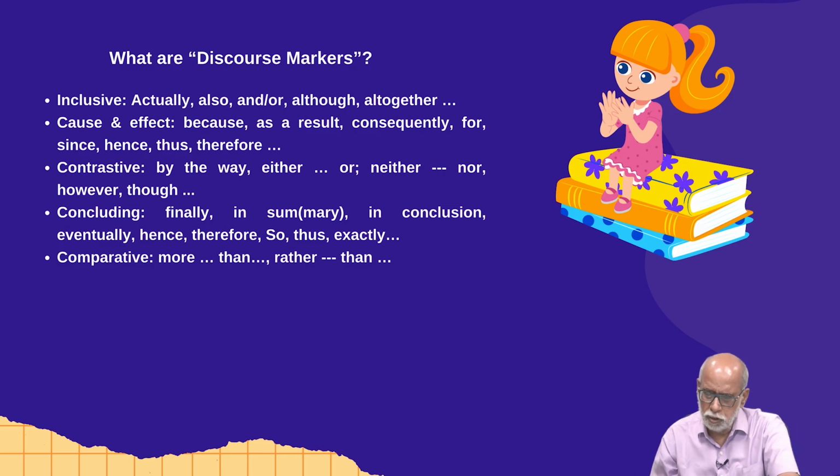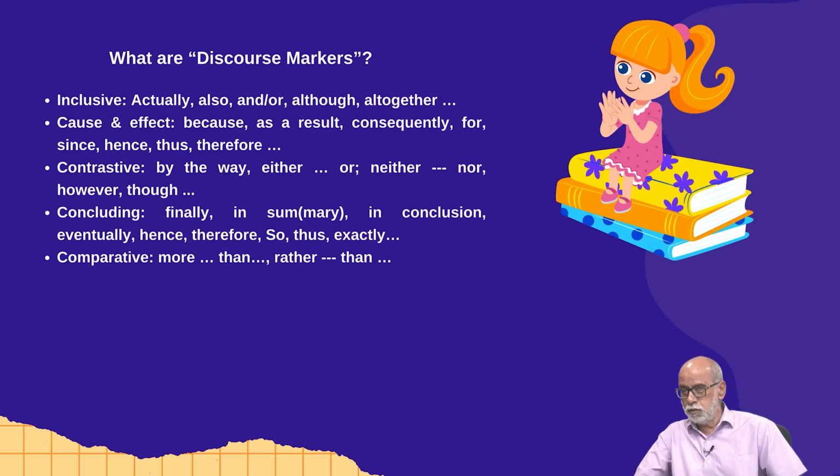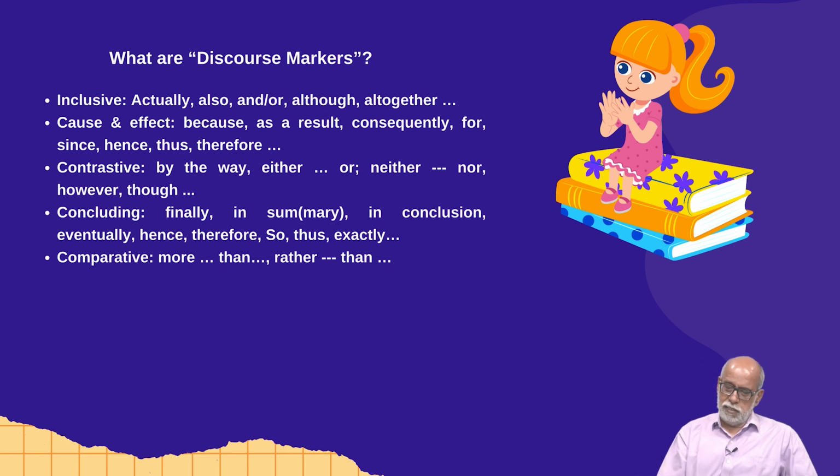These words are known in the books of language teaching as discourse markers, because when you put sounds together you make words, when you put words together you make a sentence, and when you put sentences together, can you put any sentence in any order? And we saw that that can cause serious difficulties.